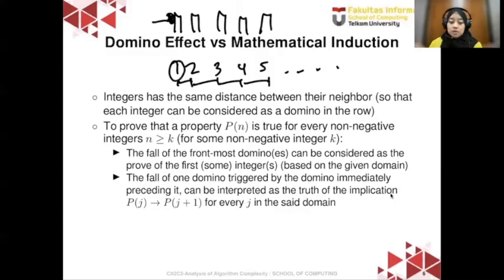If the frontmost integer has been proven true, and we can prove that the truth of the property at some integer will always be triggered by the truth of the element immediately preceding it, it means that all integers must satisfy the given property. So it is really close to the domino effect.